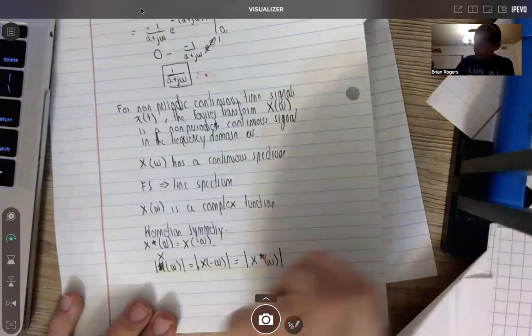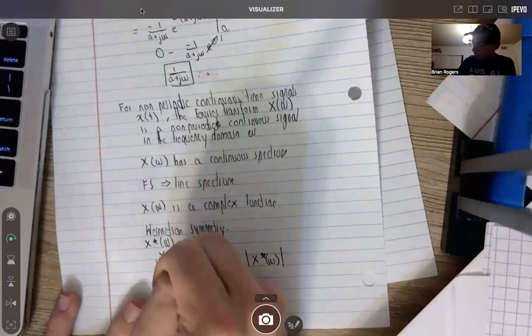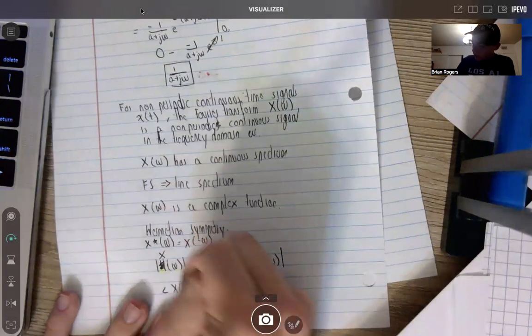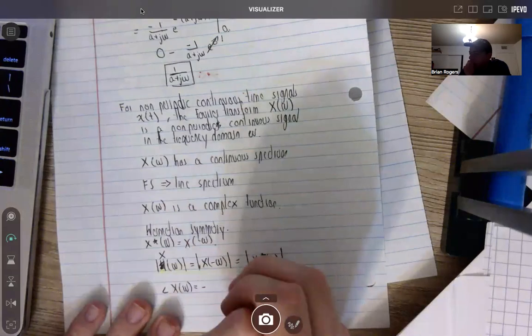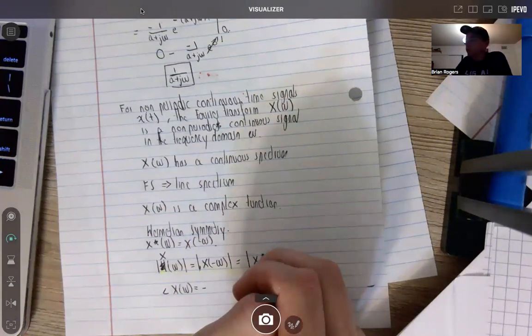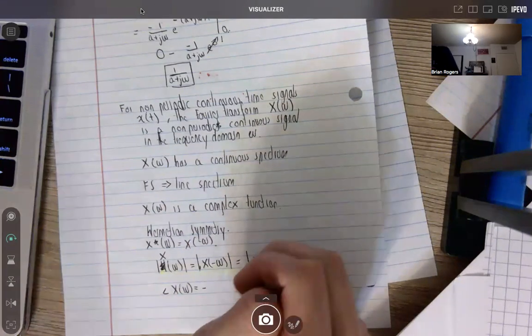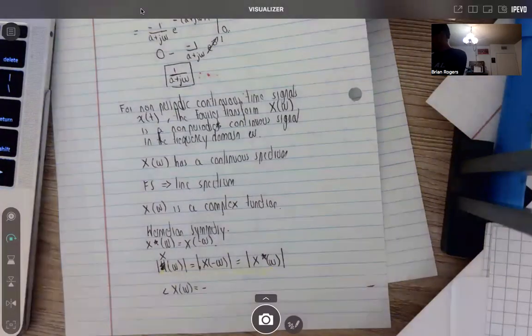And then our phase is going to be the phase of X of omega equals... I'm looking real quick at our old definitions of Hermitian symmetry. When we've done Hermitian symmetry before, we've always written it in this format.